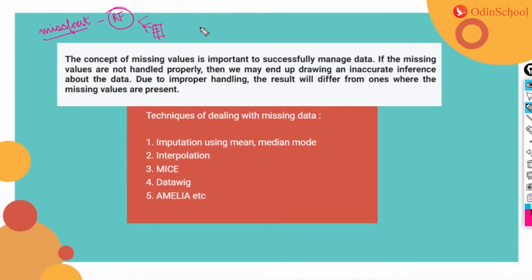Now here you have something called out of bag, or OOB, very famously referred to. You have this OOB error estimate. When we talk about this OOB error estimate, it gives us a good control over the imputation process.